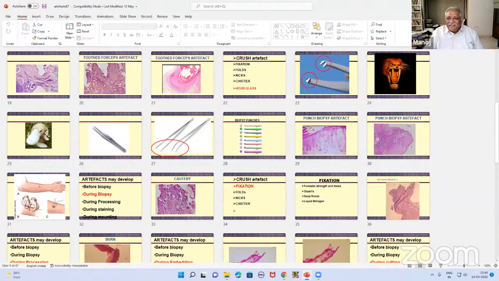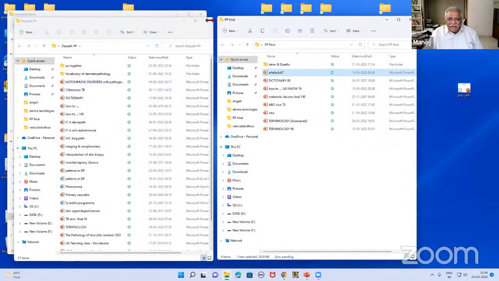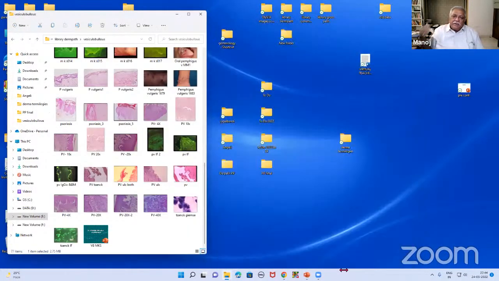But it's a difficult decision at times, especially the last slides which I've shown you about the forceps artifact. The forceps artifact itself may cause tearing and pulling apart of the section itself. So it's a difficult thing, but definitely once you have something clear in your mind about the biological plane, what was asked earlier about suprabasal versus dermoepidermal, then if you're seeing that, then you're seeing it.